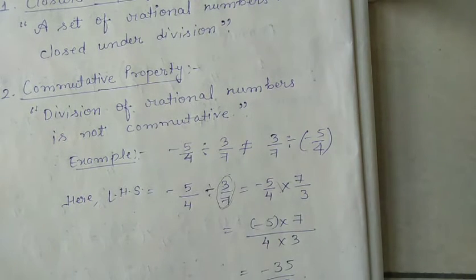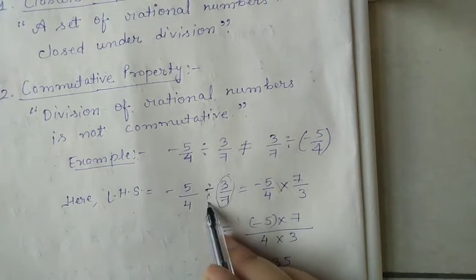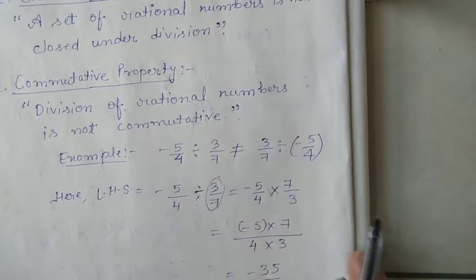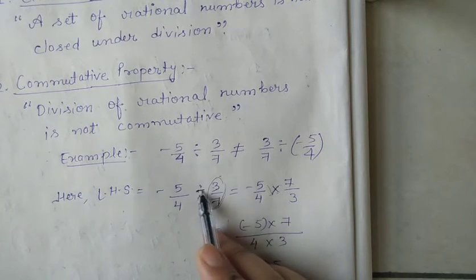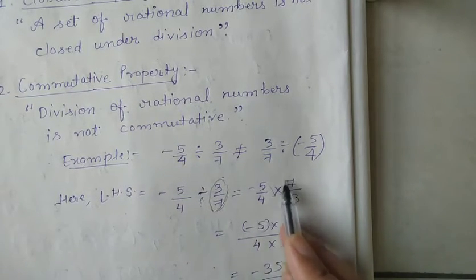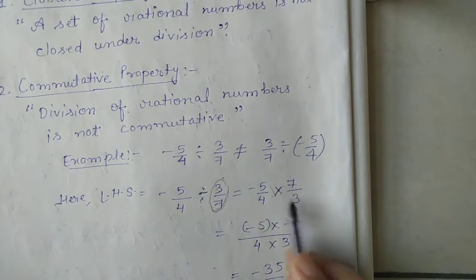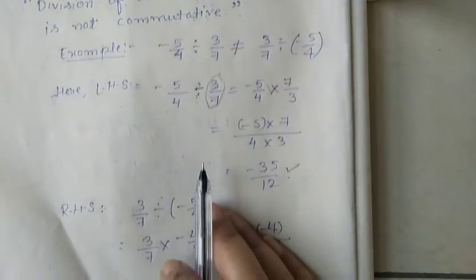Is that clear? When we change this divide sign into multiply, we have to take the reciprocal of the number that is after the division sign, that is 7 by 3, and then we multiply, we got the answer minus 35 by 12.